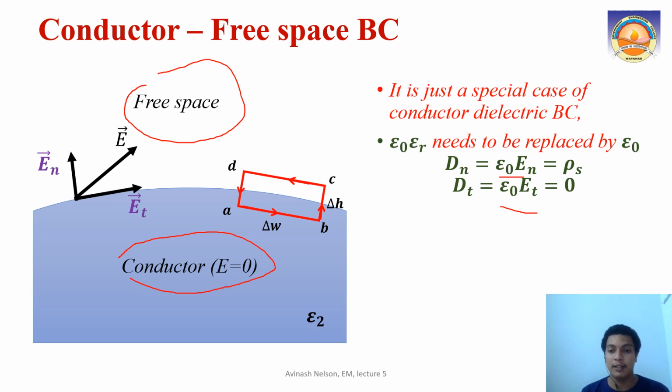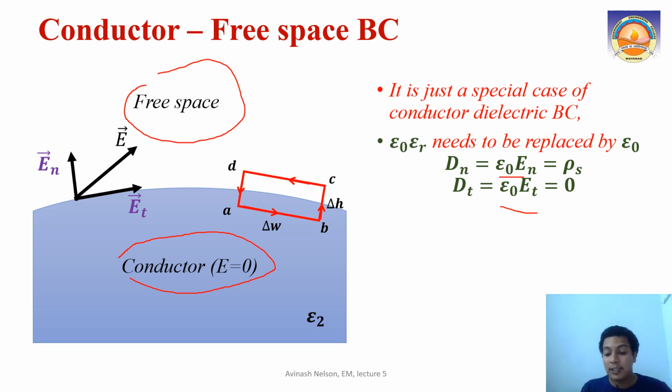It is equal to 1. So you can just take off epsilon 0 epsilon r and keep epsilon 0. That much is the only difference between free space and conductor. Okay, no more doubt about that. These equations are directly derived from that by considering it as a special case of the conductor dielectric boundary condition.